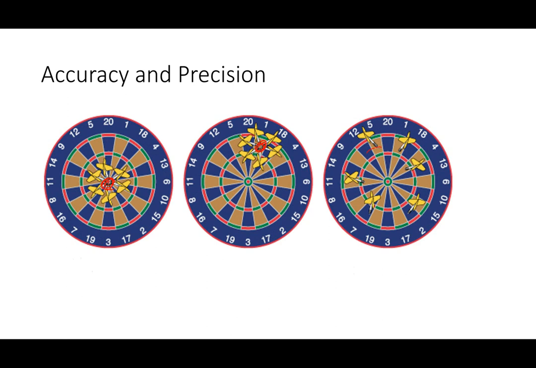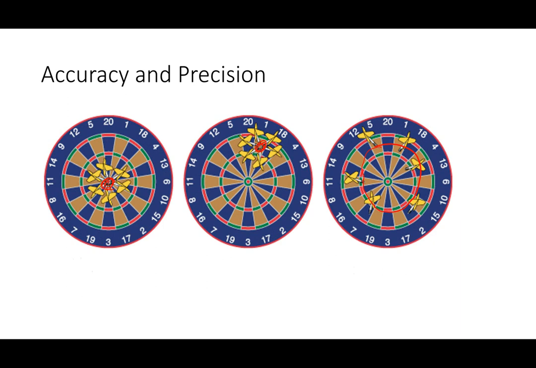And then in this last case, we have darts that are spread out and none of them are close to the center. So let's go through these and determine whether it has good accuracy and precision or poor accuracy and precision. Okay.